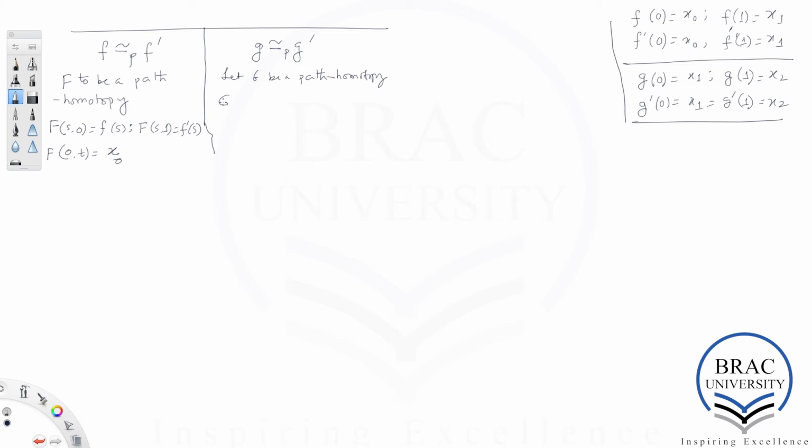Big G at (s, 0) is g(s), and big G at (s, 1) is equal to g prime(s). Also G(0, t) is x1, and G(1, t) is equal to x2.